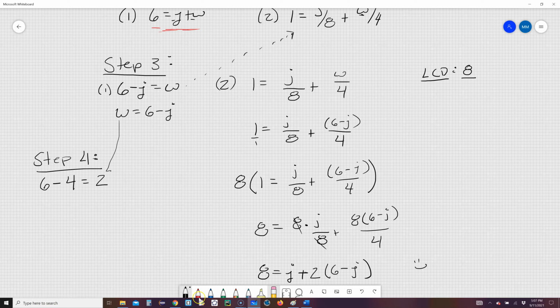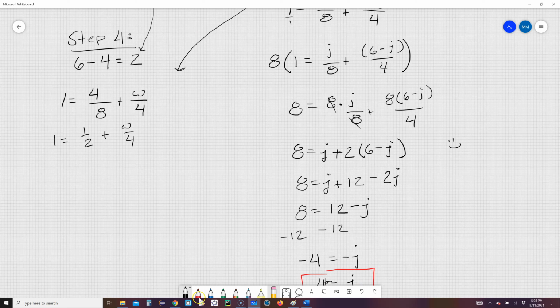That comes from here. Now I'm going to put that number in this equation. We have 1 is equal to, we said J was 4, divided by 8, plus W divided by 4. Well, this is 1 is 1/2, plus W divided by 4. We're hoping to find that W comes out to be 2. If W comes out to be 2, then we are in good shape.